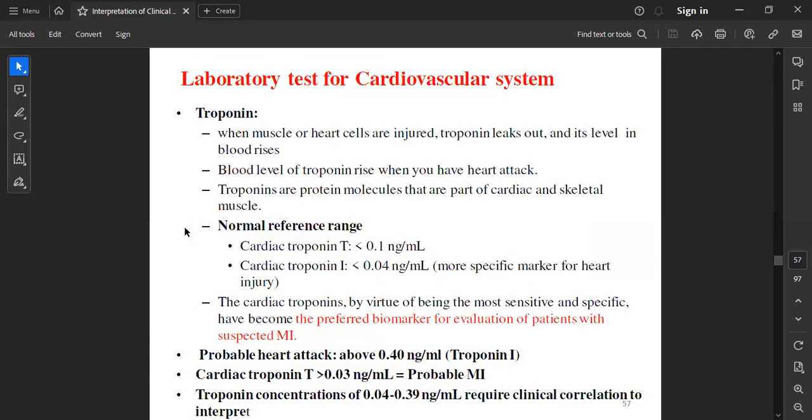So when it comes to tests for the cardiovascular system, some of the cardiac markers include troponin. When muscles of the heart are injured, troponin leaks out, and its level in the blood rises.